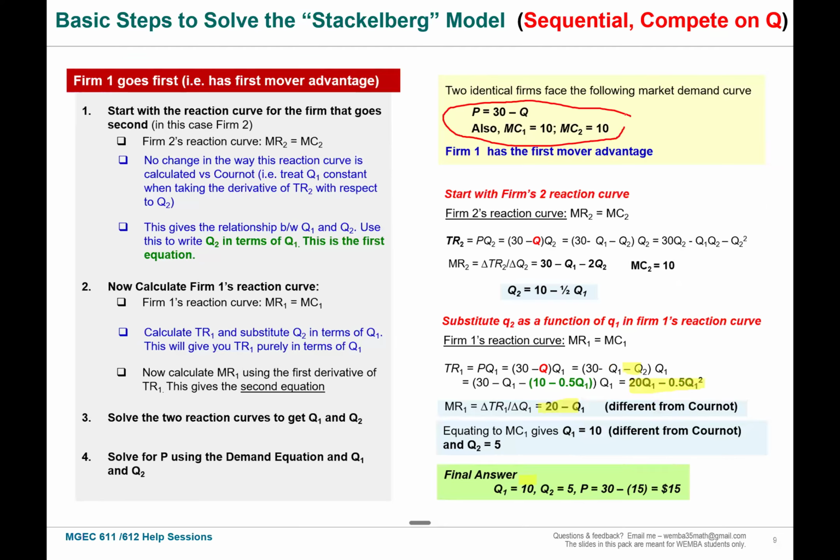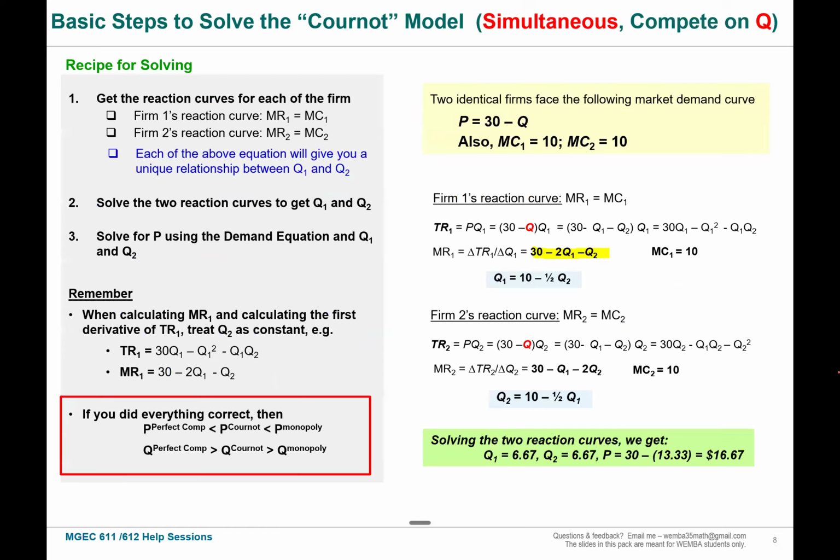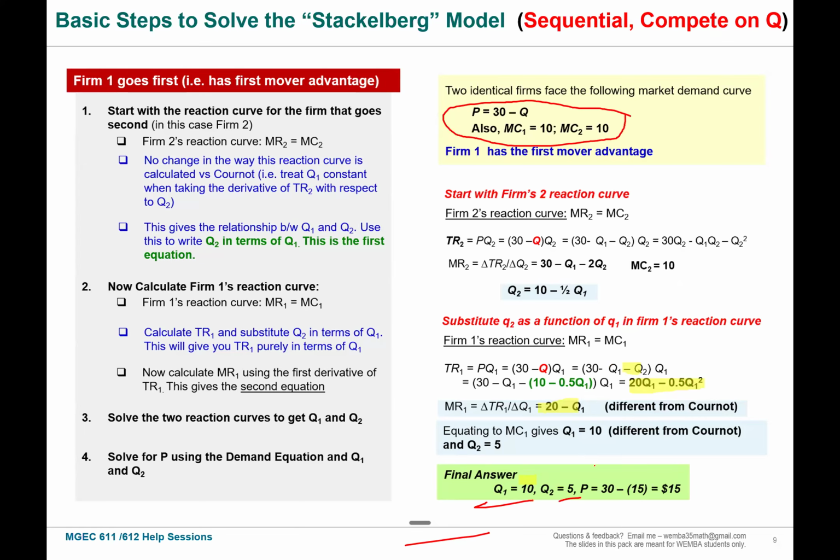But here the quantity produced is Q1 equals 10 and Q2 equals 5, whereas in Cournot they were both equal, 6.67 and 6.67. So clearly firm 1 is producing more in the Stackelberg case. That's the advantage of going first, and you see it reflected in the quantity produced.